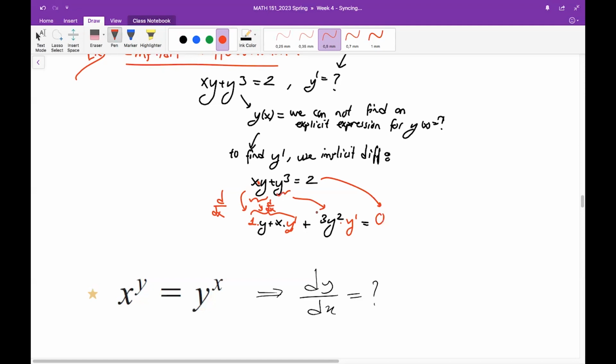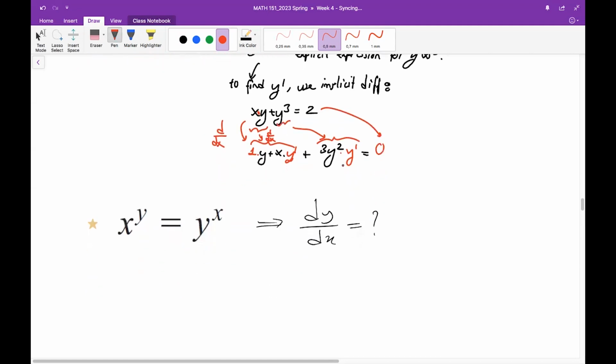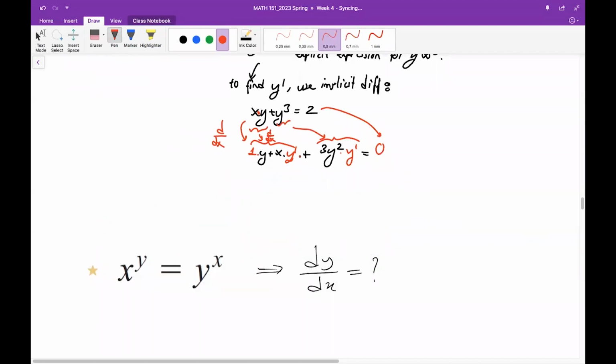So this is derivated as this one. You see, now I obtain an equation which consists of y prime, and I can easily solve for y prime from this equation. So here I see y prime, here I see y prime, and you can easily rearrange the terms.